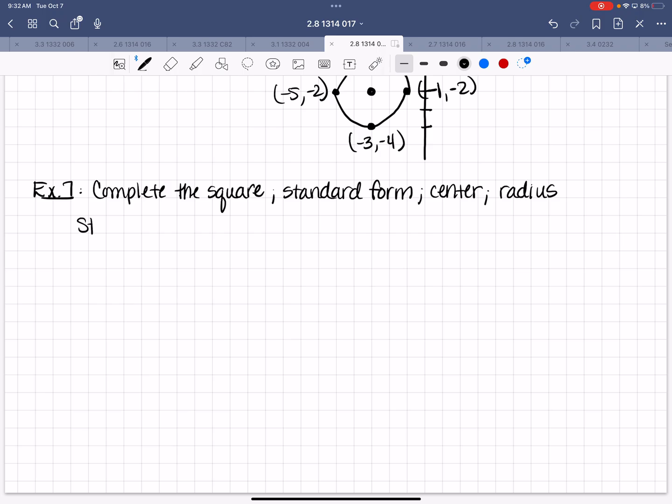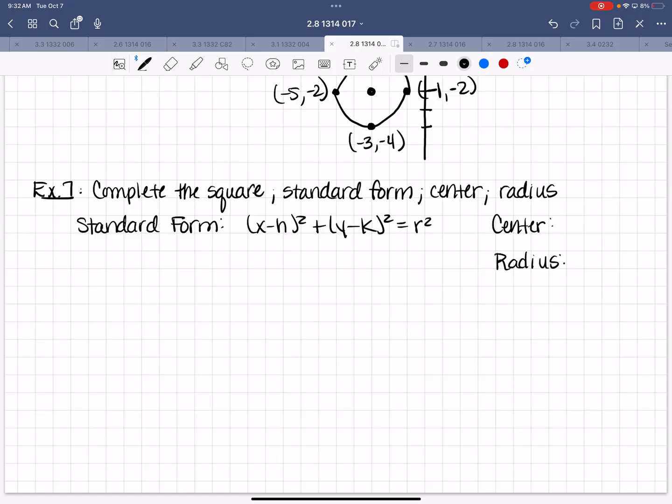Remember that standard form is x minus h squared plus y minus k squared equals r squared. That tells me I need a center and I need a radius. Okay?